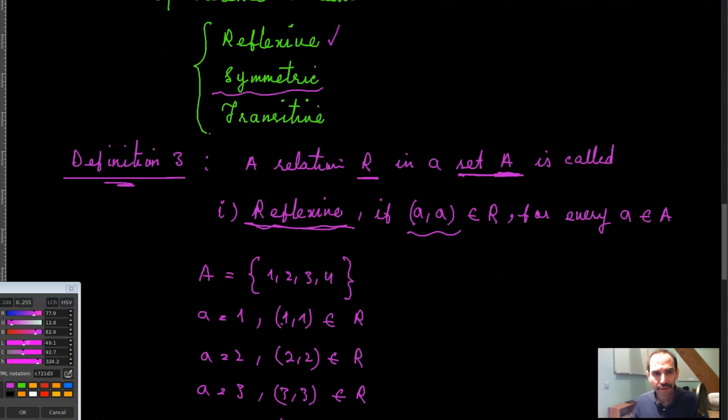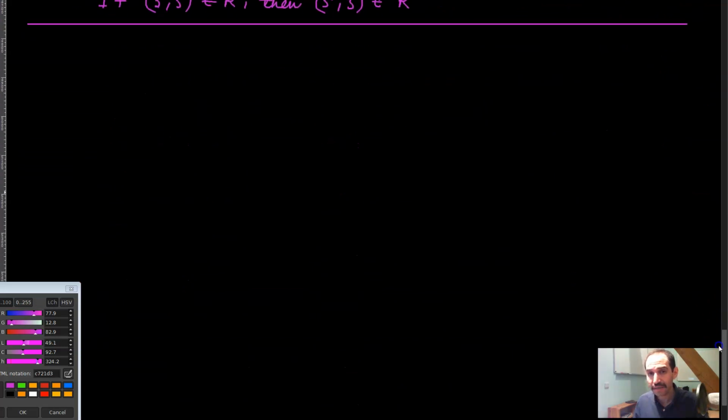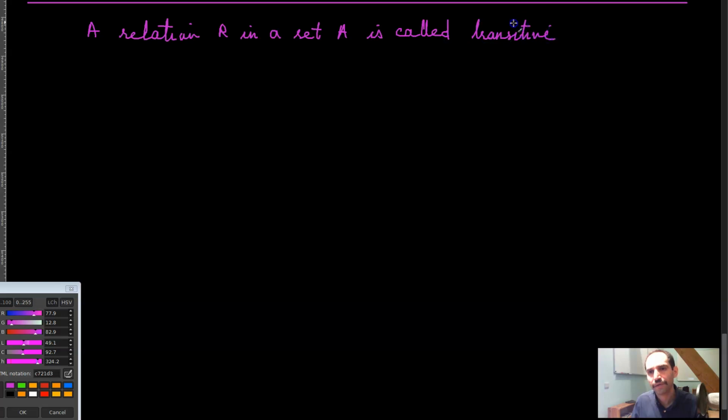The third term that we have here is called transitive. Transitive means that a relation R in a set A is called transitive if A1, A2 belonging to R, and let me write it this way.